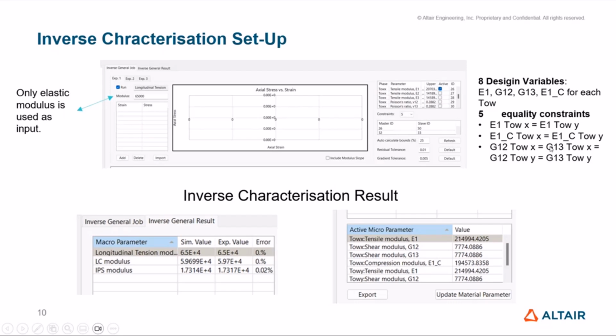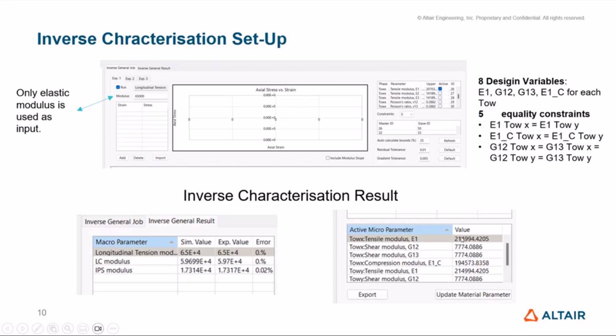All these together set up 5 equality constraints, which are defined here. Number 5, and when you type the IDs here, the IDs can be taken from the list. Taking that, in this case, I'm fitting my expected value with a simulated value with a very high accuracy. And you can see the optimized parameter set down here.